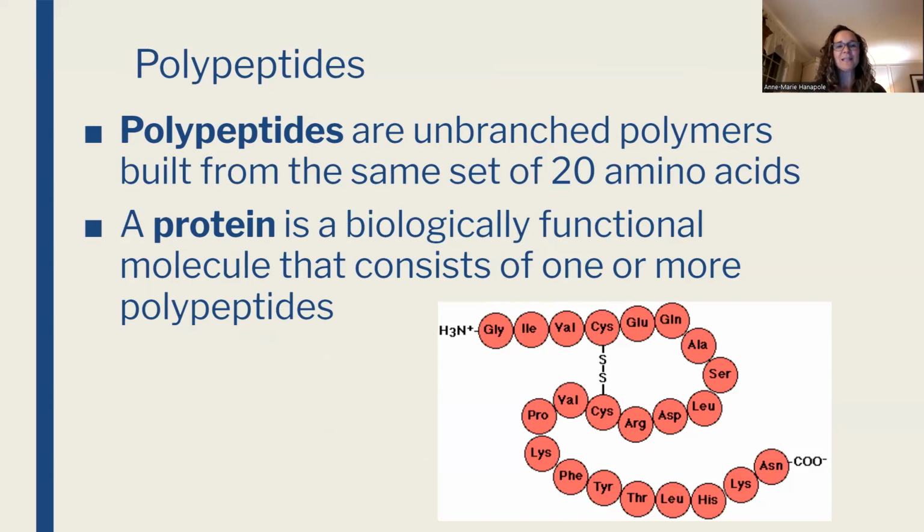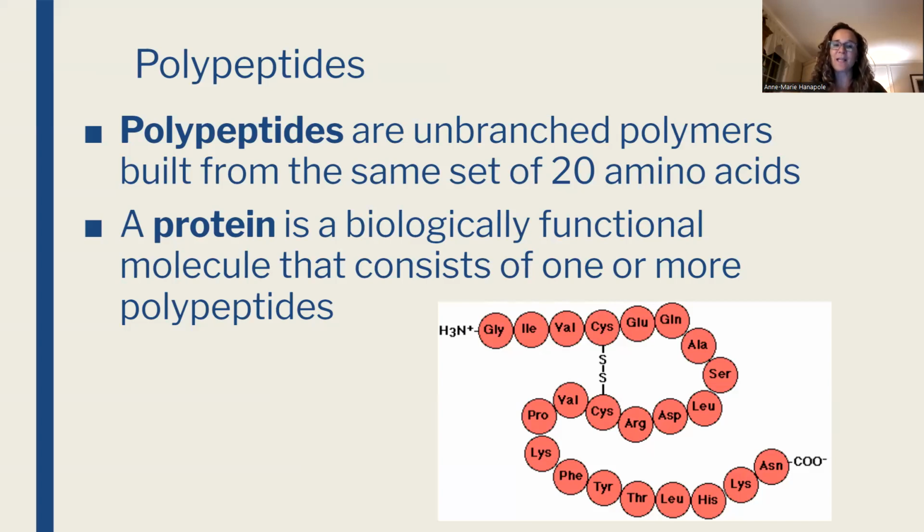But a protein is a biologically functional molecule that consists of one or more polypeptides. So a polypeptide is the long chain of amino acids, which then usually does fold up into a protein. The protein is what is functioning in the body.